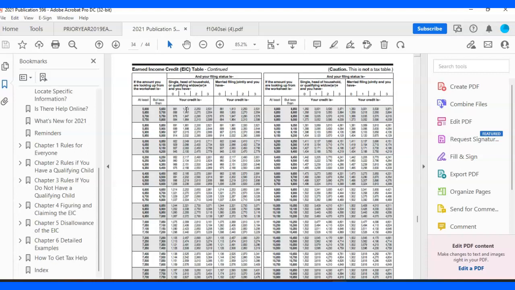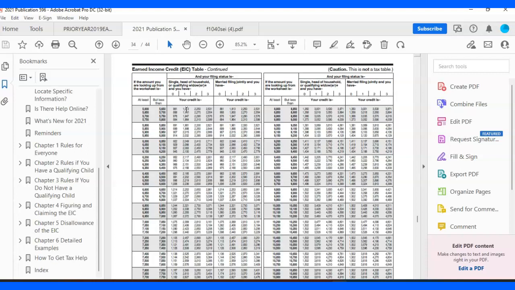But when you're doing software, the software automatically calculates the forms and the worksheets for you. So that's the benefits of doing taxes using software. But a well-rounded tax professional wants to learn how to fill out the forms as well as the worksheets.